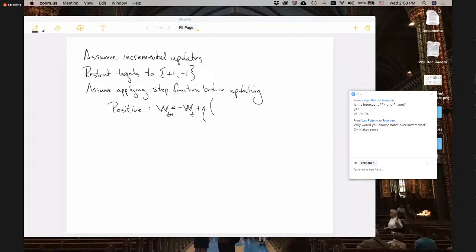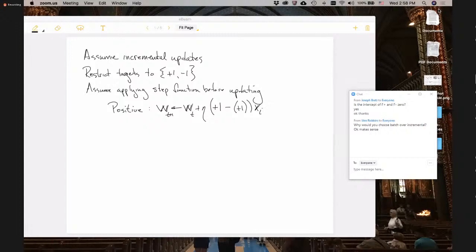Now, if it's a positive example, the target is +1. And we're subtracting that vector product, which was +1 times the input.